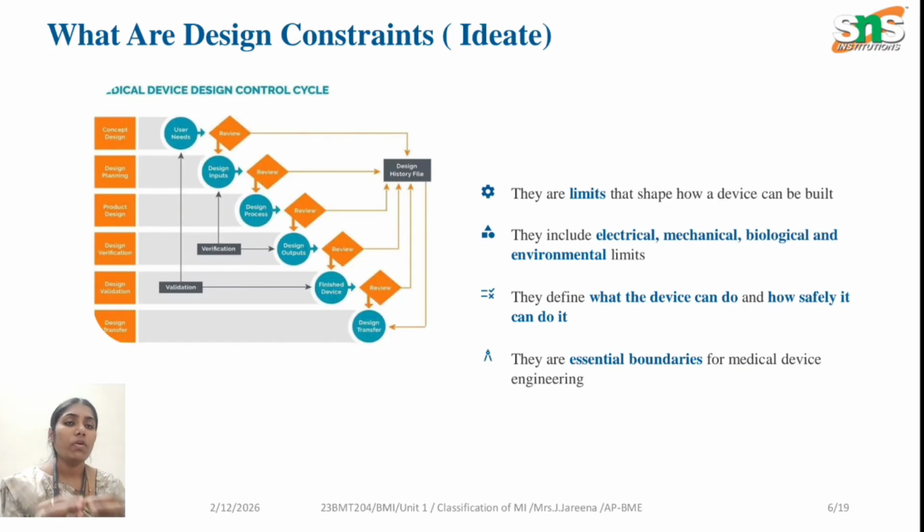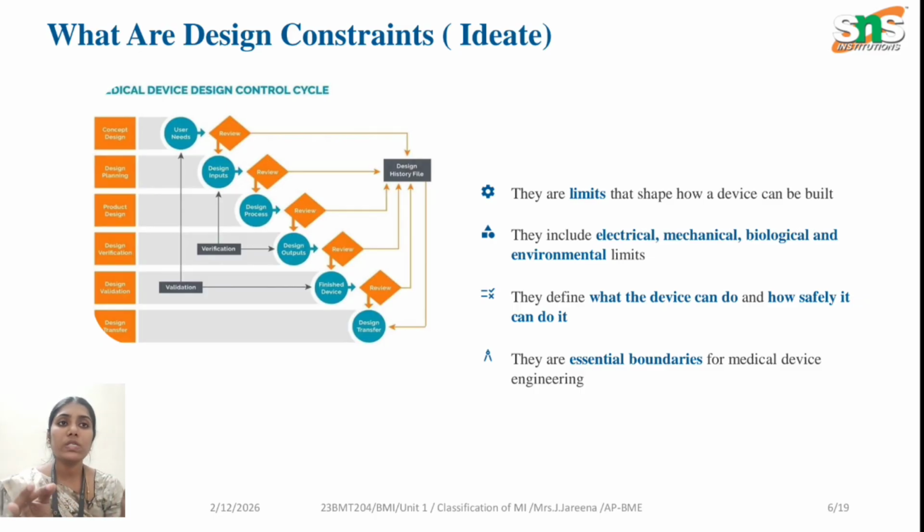Okay, so when we want to design any sort of medical device, first we have to think about what challenges, boundaries or limits actually shape how the device can be built, in such a way that the device can give better performance for both clinicians and patients. There are many limits, for example electrical limits, mechanical limits, biological limits, and environmental limits.